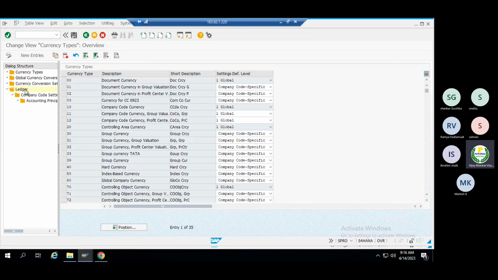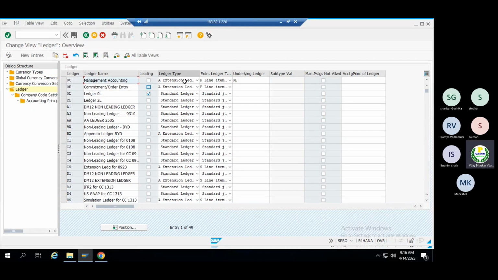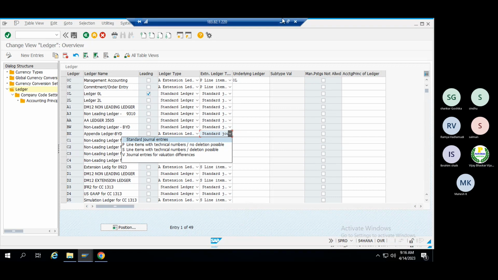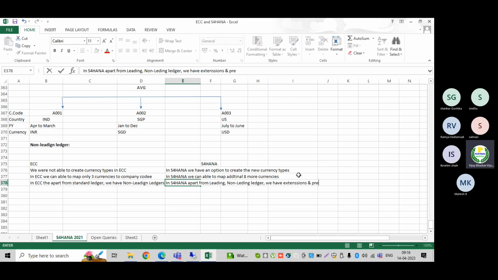The standard ledger was there in ECC also, but the extension ledger is the concept they have introduced. The predictive ledger is a part of the extension ledger only.